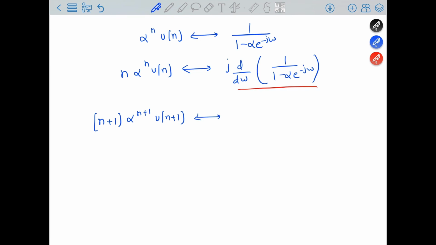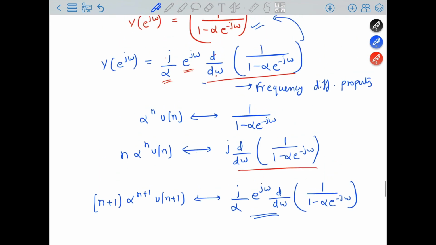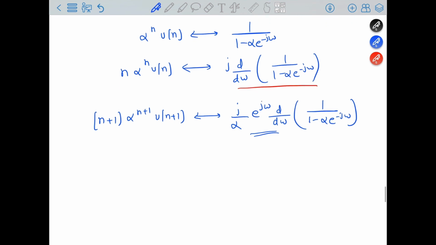Its Fourier transform will be j alpha e^{jω} d/dω of 1 over 1 minus alpha e^{-jω}. As you can see, this form is quite equivalent to the form which we are calculating. So the signal y[n] will be equal to (n plus 1) alpha^n u[n plus 1].